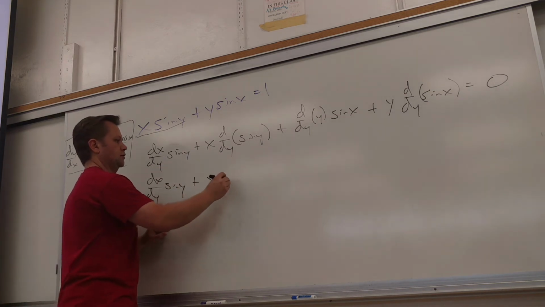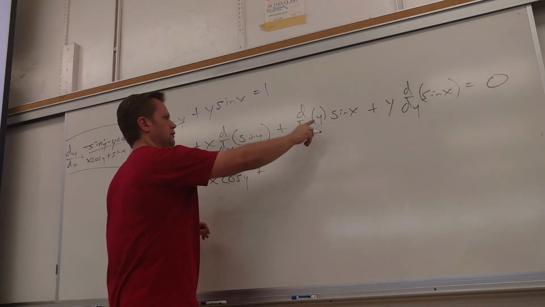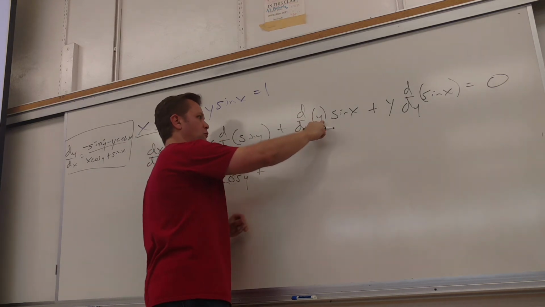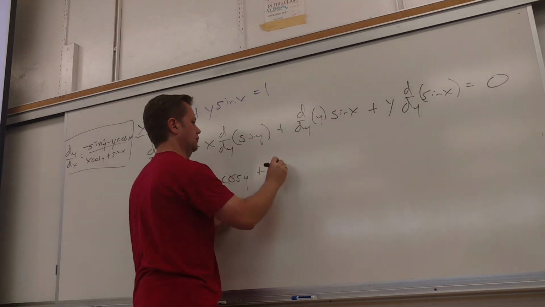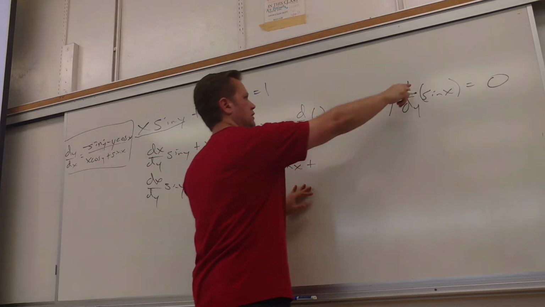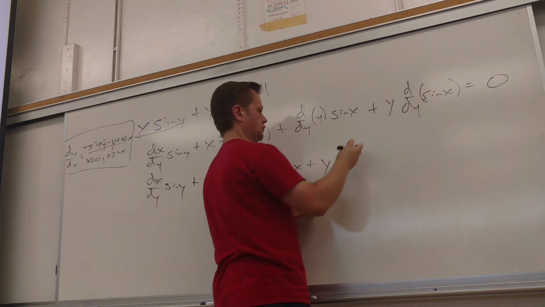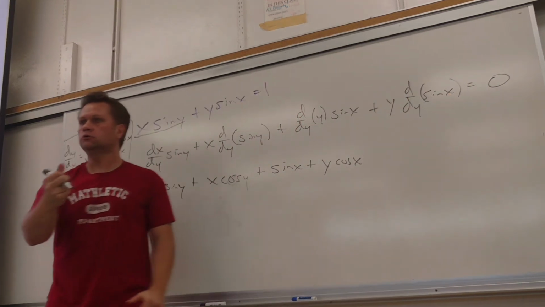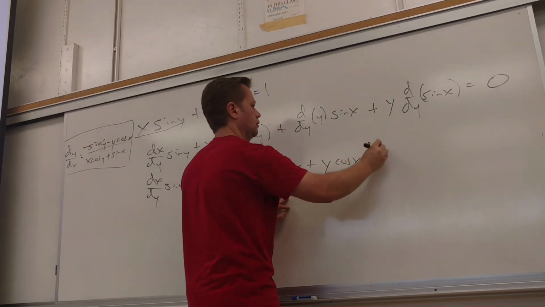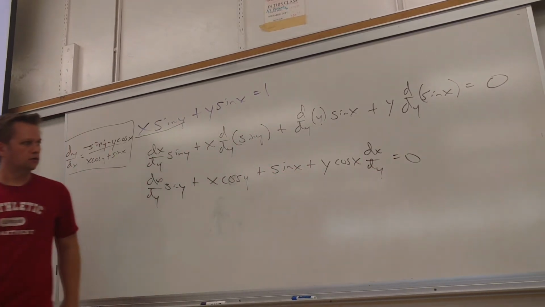So I'll have x cosine y plus, of course, d by dy of y, that's 1, times sine x, plus, what's d by dy of sine x? Derivative of sine is cosine. Derivative of the inside function, chain rule, dx/dy, equals 0. Thank you, John.